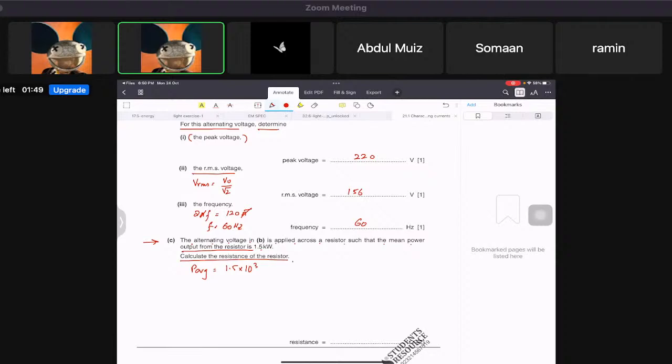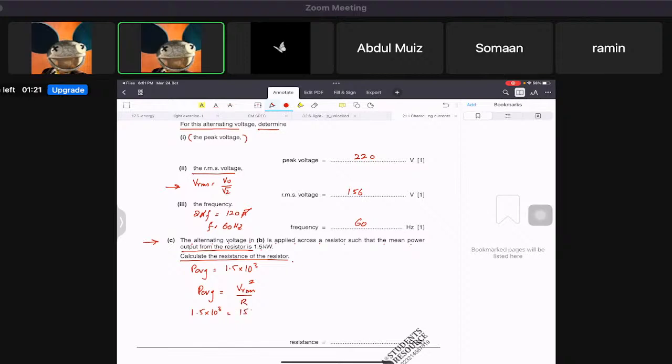Now that's pretty simple. Do you know what is the formula for average power with respect to voltage? Because we have the voltage and resistance. Anyone? V squared over R. VRMS squared over R. VRMS squared over R. Exactly. So power average was 1.5 times 10 raised to the power 3.